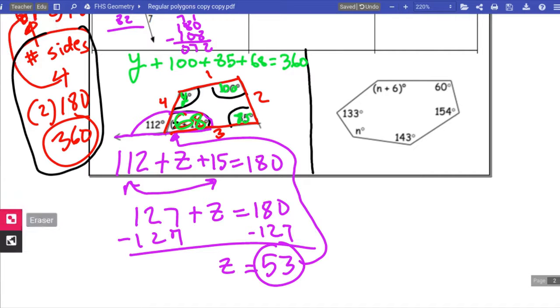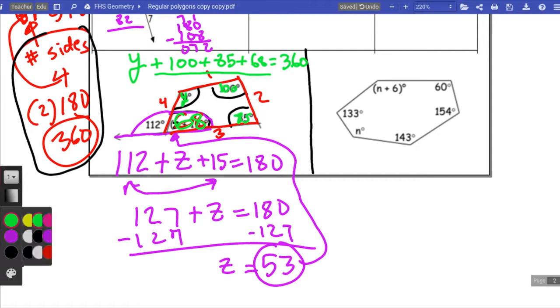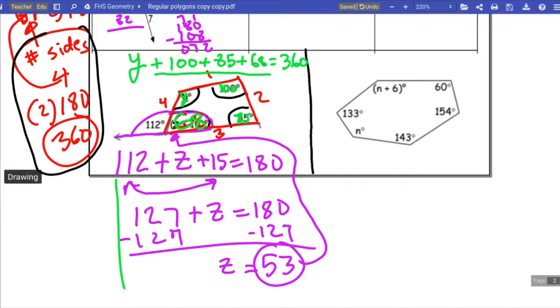All right, I can use this space right here. So in my calculator, I'm going to put all of this in my calculator. So let's do that real fast. 100 plus 85 plus 68. That gives me 253. So I'm going to bring the work right here. So I have Y plus 253 equals 360.